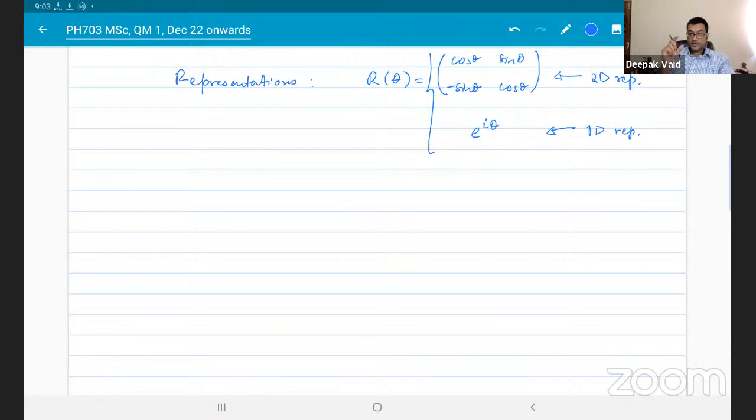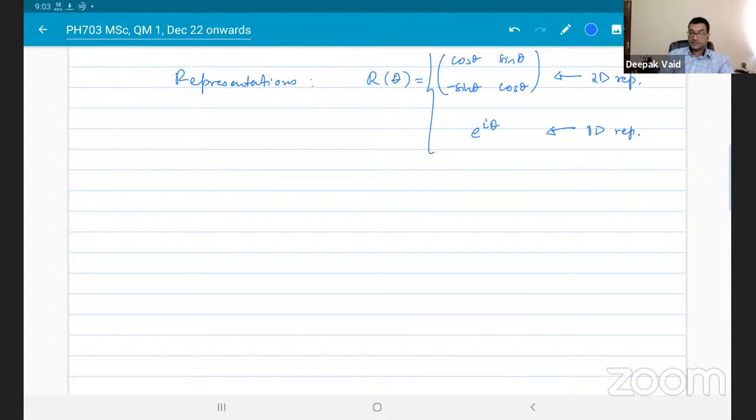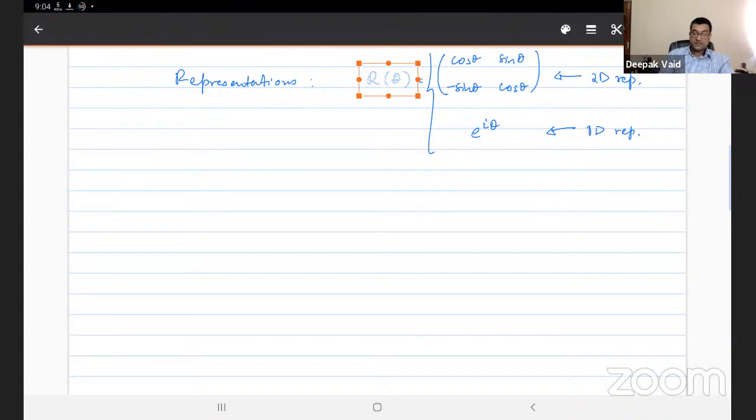So you see that a group is an abstract object. When I say that the group has some element, the element is not e to the i theta or this rotation matrix. The element is some R(theta), an abstract object.